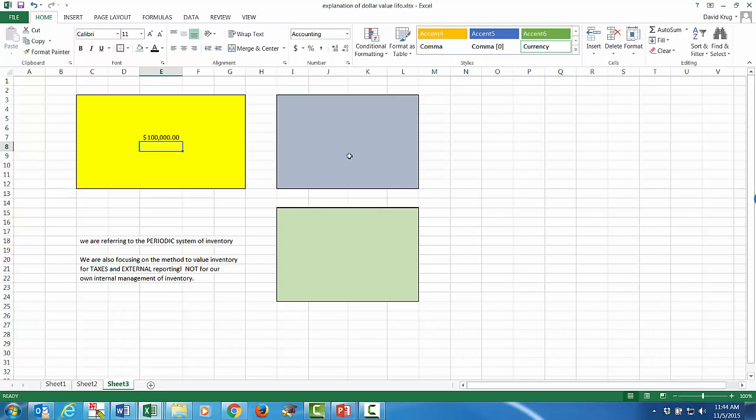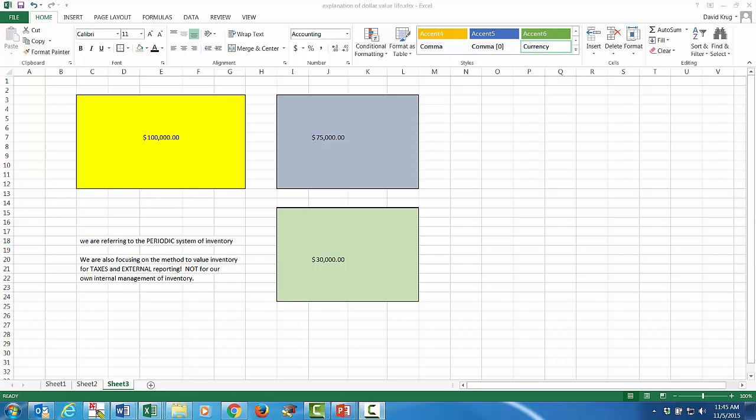Now let's say this room over here also has a variety of inventory in it, valued at $75,000. And then we have another room that is valued at $30,000. Again, we're looking at the total dollar value of that pool. We're not so much differentiating between physical quantities of goods.